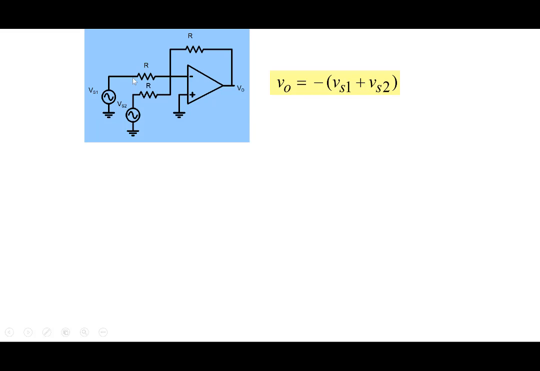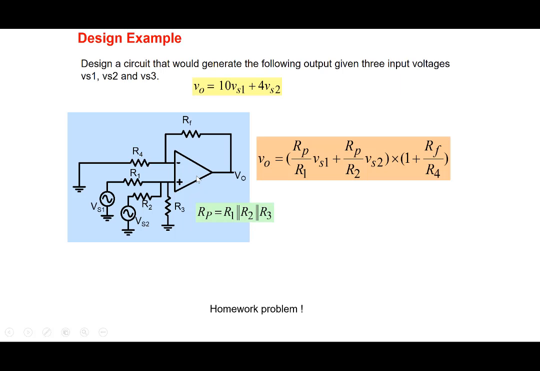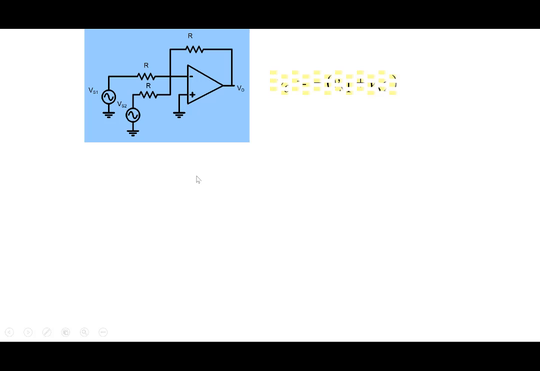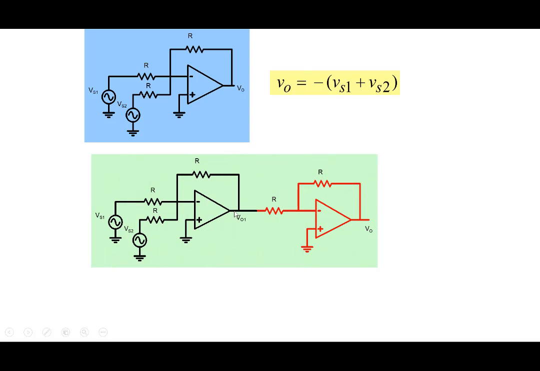So in the previous circuit, when we had this kind of an adder, there was a negative sign, and if the negative sign bothers you, we could use this circuit here. But what we can also do is add another stage. So the output here is minus Vs1 plus Vs2, and we can add another stage here that will add another minus 1.